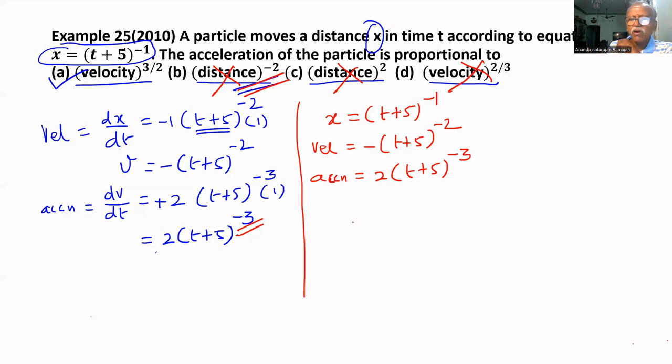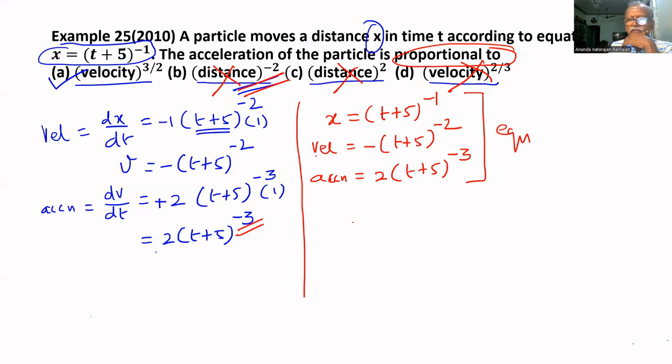So we got all these things in terms of equations. We have to find acceleration. The acceleration of the particle is proportional to velocity, distance. So we have to find acceleration in terms of velocity.